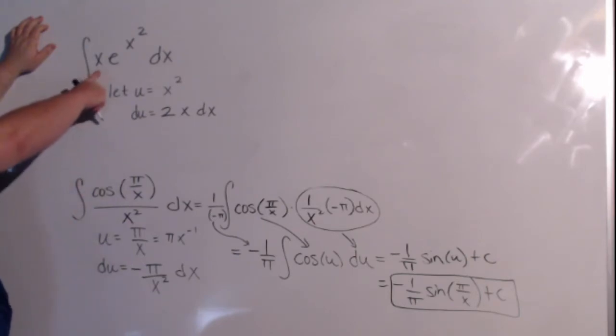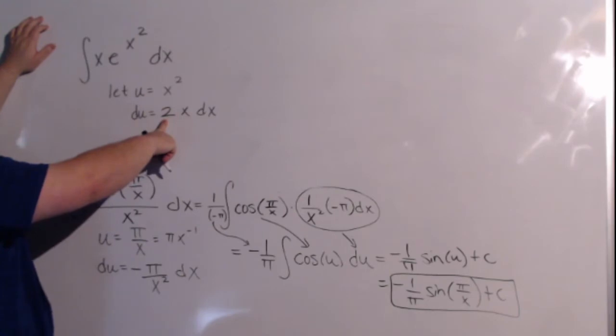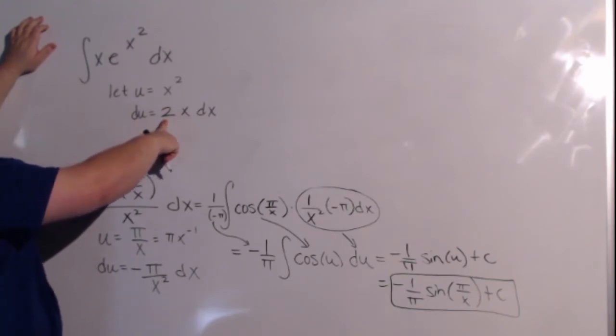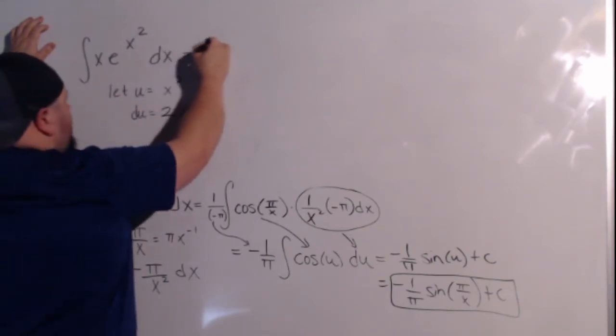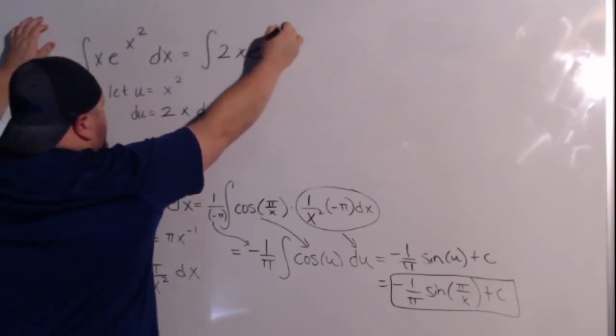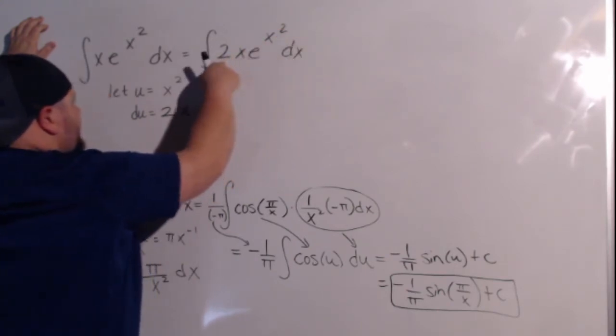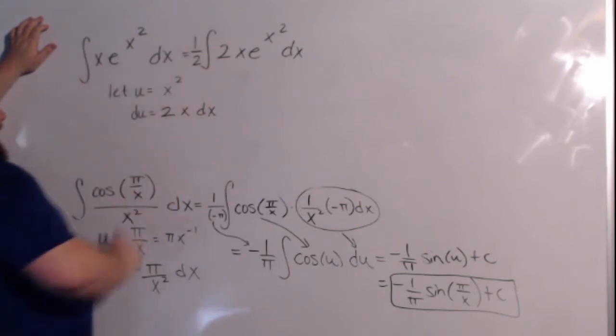I've already got an x here. I am only missing a 2. I can introduce that 2, right? I'm allowed to put a 2 inside here. But if I do that, I have to counteract it with a 1/2 in front.